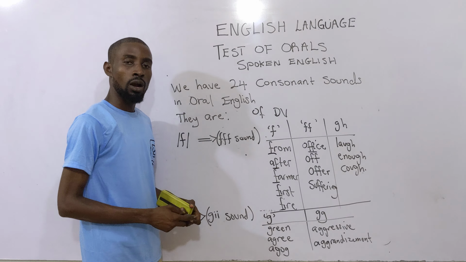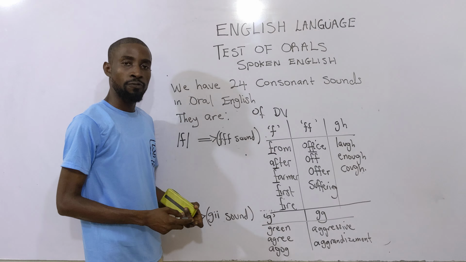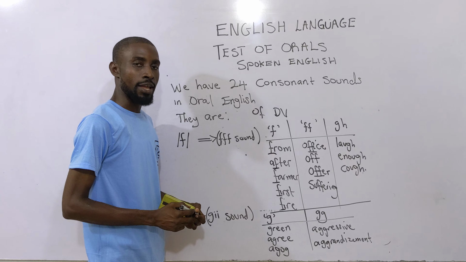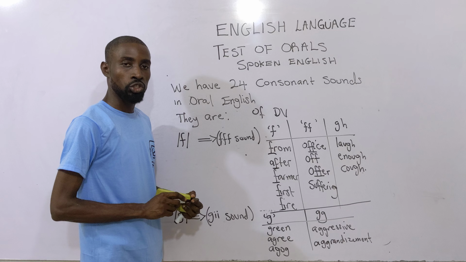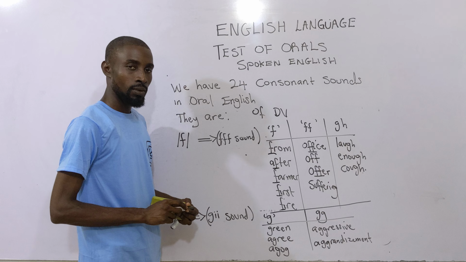Then awful. I have an awful for you. Awful, all right, not offer. Because when a word ends in er, it changes to what they call schwa. If a word ends in er or or, it changes to the schwa sound.